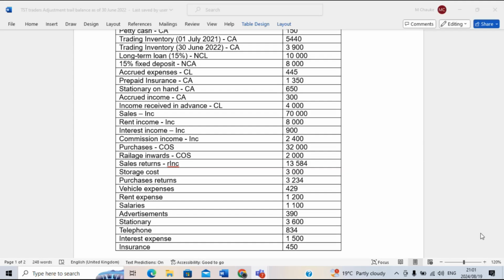It's no longer going to be 5 rand. That is why we have to get the actual sales when we do the statement of profit or loss and other comprehensive income, right? So that is an income that has been reversed. So I'm going to specify it as RINC, which is a reversal of an income, right?